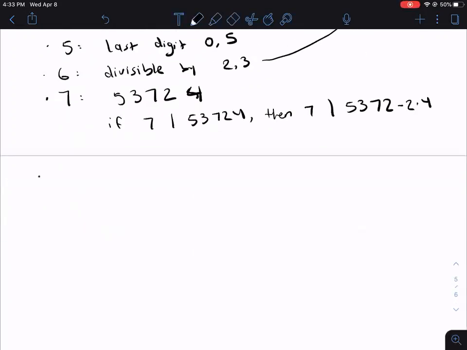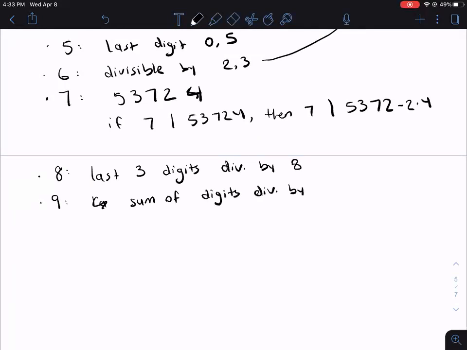For 8, last 3 digits are divisible by 8. For 9, the sum of digits is divisible by 9. Yeah, we're going to provide a proof for 3, 9, and 11 later.